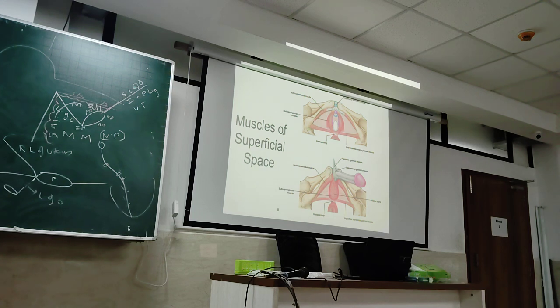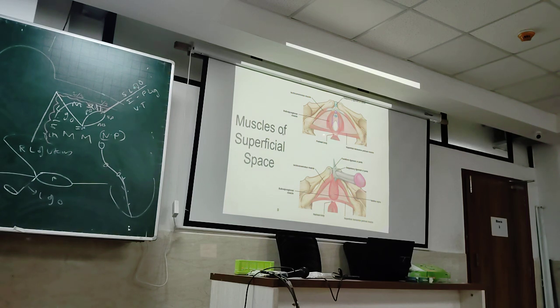And levator ani, part of the pelvic diaphragm, has some strips which go around the rectum, called puborectalis, and some strips going around the prostate, called puboprostaticus, which in the female will be called pubovaginalis. That part of puboprostaticus or pubovaginalis will also be attached to the perineal body.